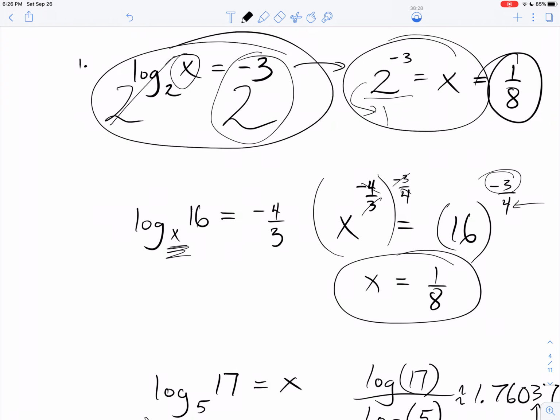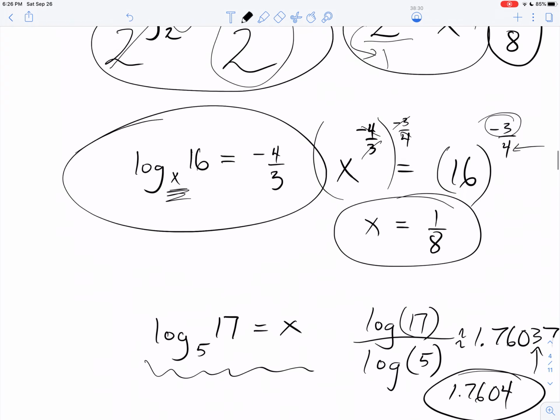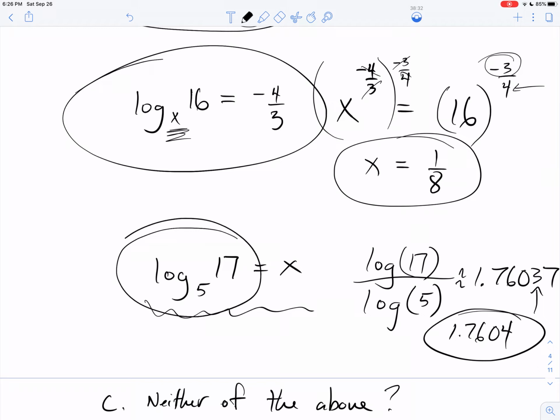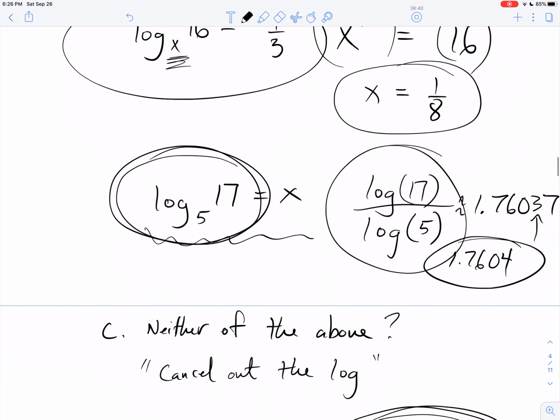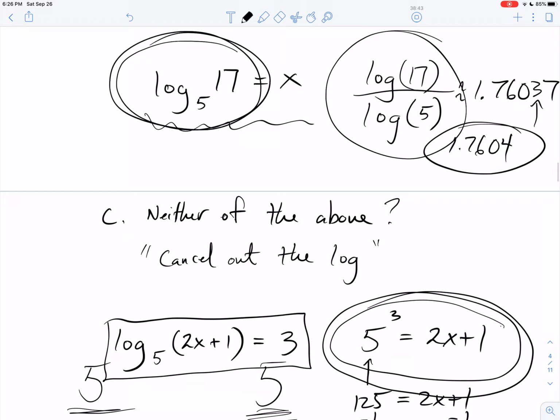Same thing goes with this one, but don't be fooled here. That's just punch it into your calculator, because you can trick your calculator into being base 5. And if none of that seems to work, then we try to cancel out the logs. That's a lot of work. That is. But I want you to practice it.